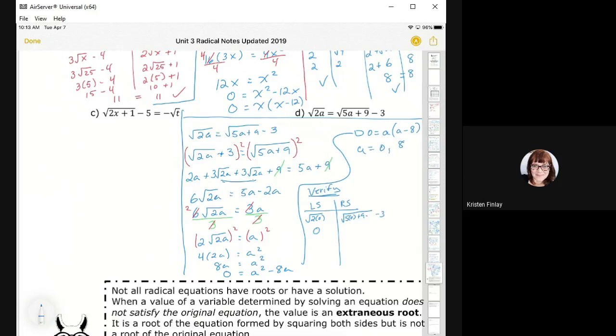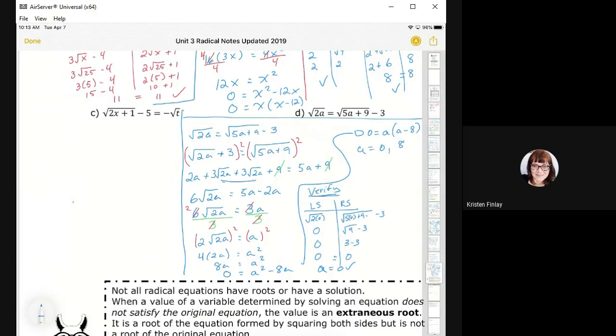So this will be 0. Here, 5 times 0 is 0, so I have root 9 minus 3, so 0. This is 3 minus 3, so 0 equals 0. So that tells me that a equals 0 works, okay?